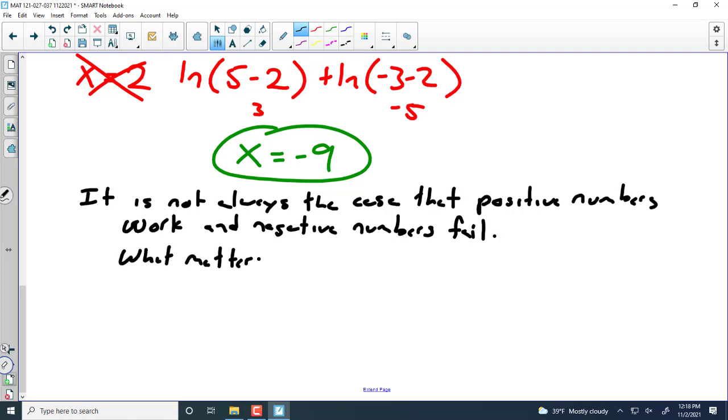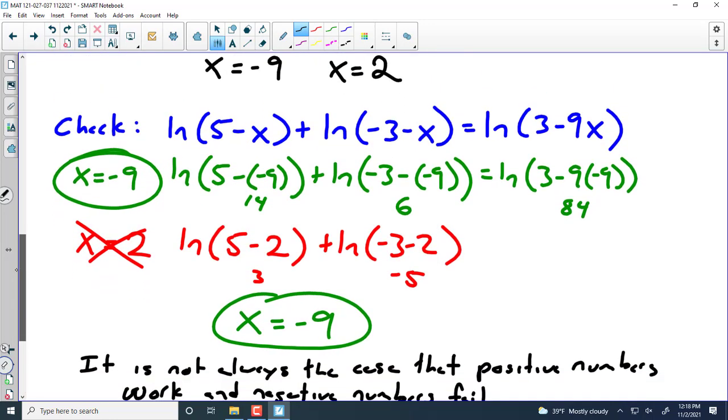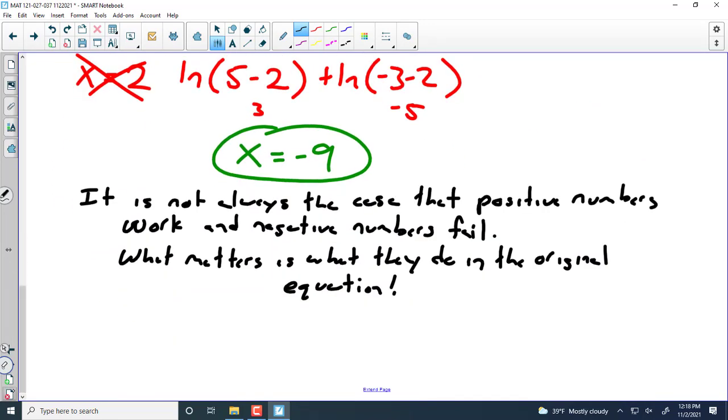What matters is what they do in the original equation. You cannot just assume that because the number's positive, it's a great answer, and because the number's negative, it's a bad answer. And that is exactly why I did this example, to show us that we need to check in our original equation.